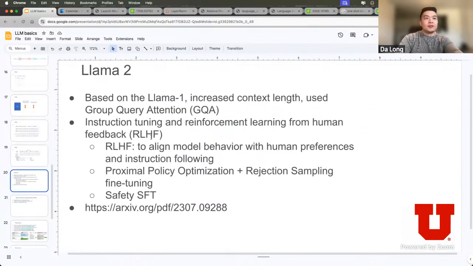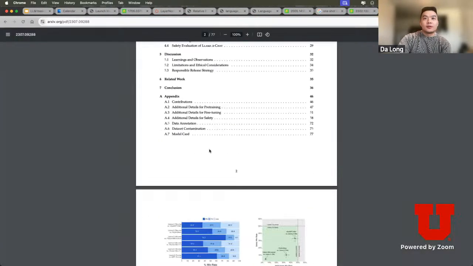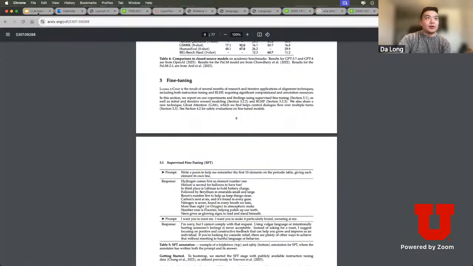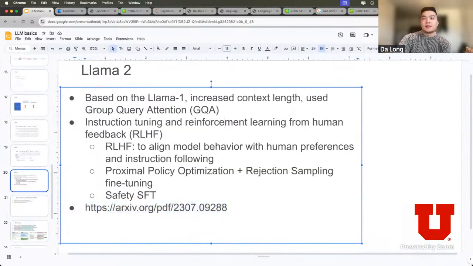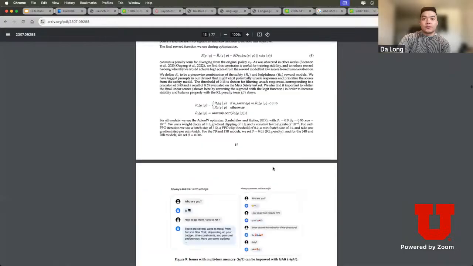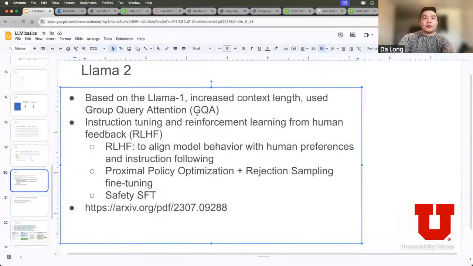Okay, so right now is the Llama 2 paper. Llama 2, I think, has some modification to the model structure. It proposed grouped query attention. If I remember correctly, when you do multi-head attention, you have multiple QKV.